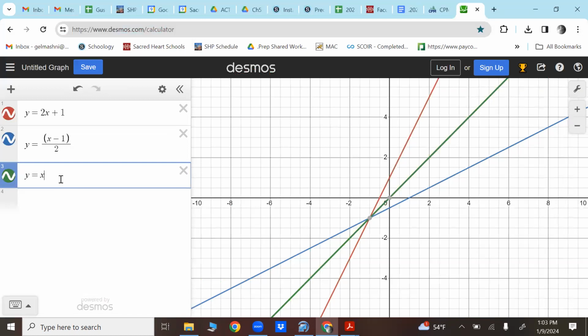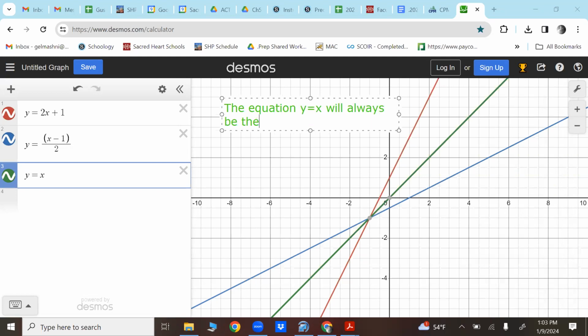Whenever you have the inverse, y equals x is the axis of symmetry. This is a very, very important thing. You may want to jot it down somewhere. The equation y equals x will always be the line of symmetry between the original equation and its inverse.